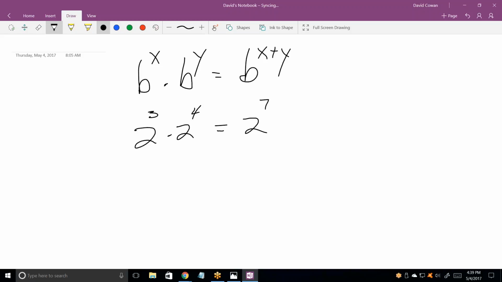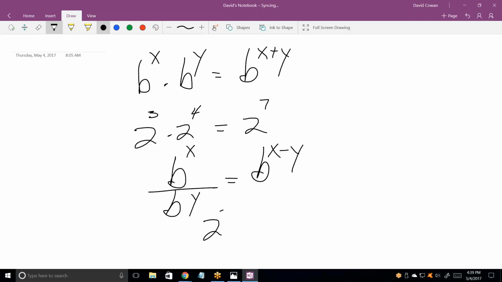If you have the same base divided by the same base, different exponents, you subtract the exponents. For example, if I had 2 to the 5th divided by 2 squared, what would that be equal to? 2 to the 3rd? Uh-huh.